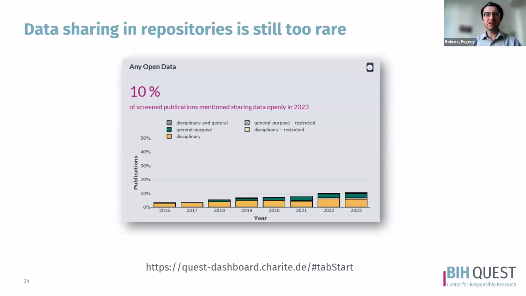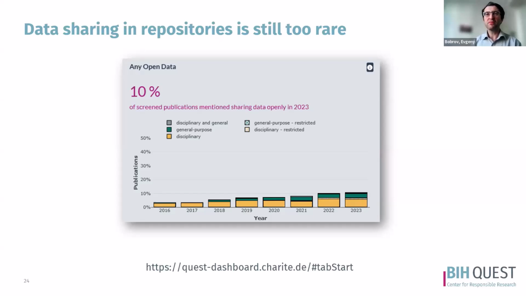And something that journals can do indirectly, as follows from the previous points, is that data sharing in repositories is still very low. So for our institution, we find that about 10%, which is an increase, but still a very small fraction of articles have shared data in repositories, either openly or under restrictions, but with a defined access pathway.